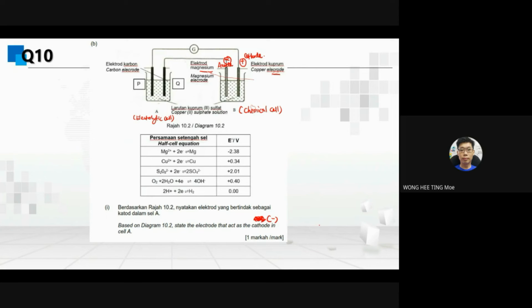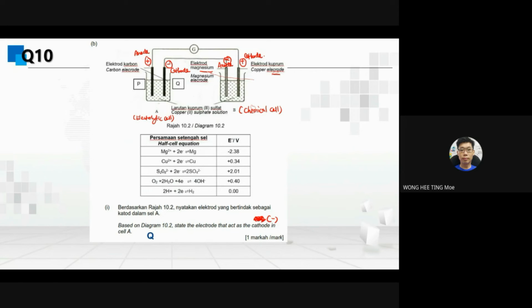So Q is negative, connected to the negative here. This one is the cathode, undergoes reduction. This one is positive, the anode, oxidation.